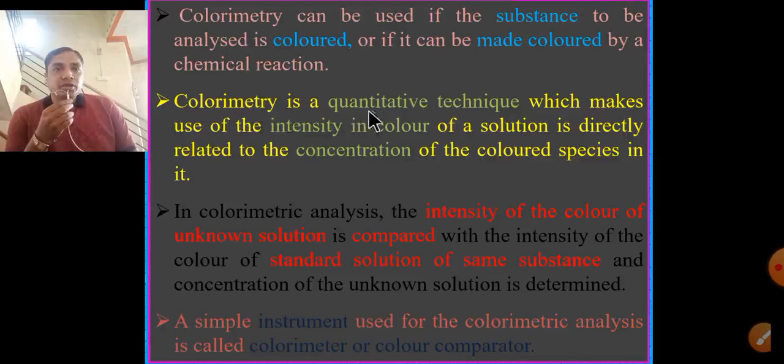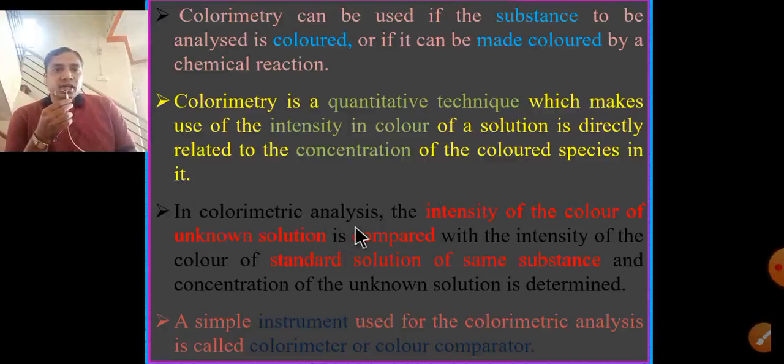Colorimetry is a quantitative technique, that is how much amount of substance is in the reaction, which makes use of the intensity of color of a solution, which is directly related to the concentration of the colored species in it.